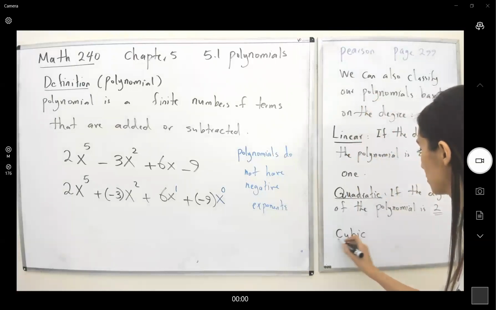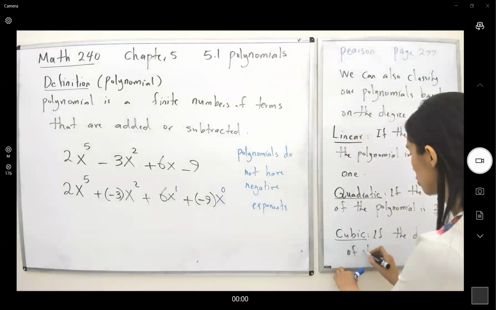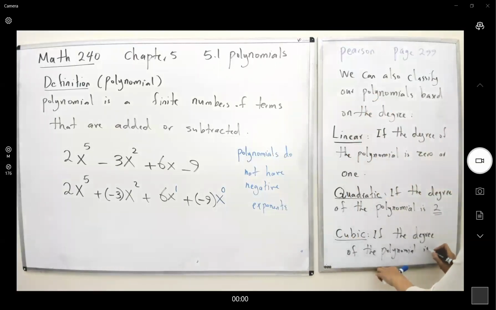So cubic, if the degree of the polynomial of the expression is 3. So classification based on the degree. In other cases, we look at the highest exponent, and we say that the degree of the polynomial is 4, or if it's 5, we say that the degree is 5, and so on.